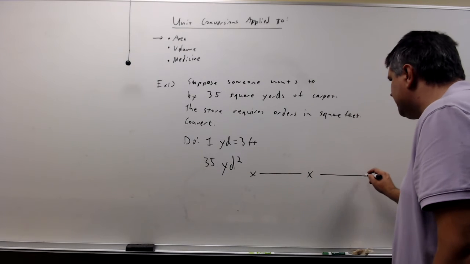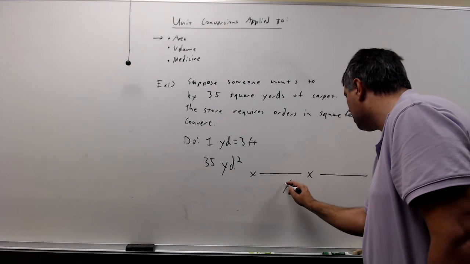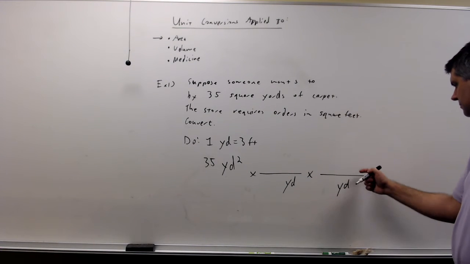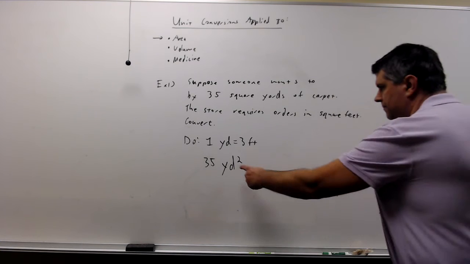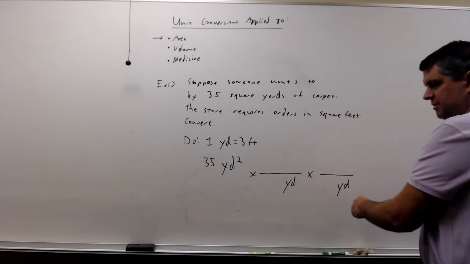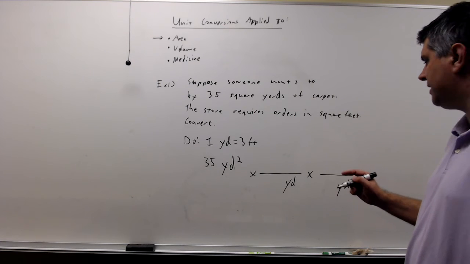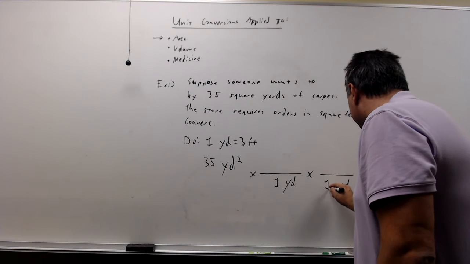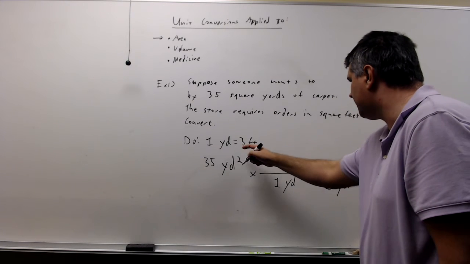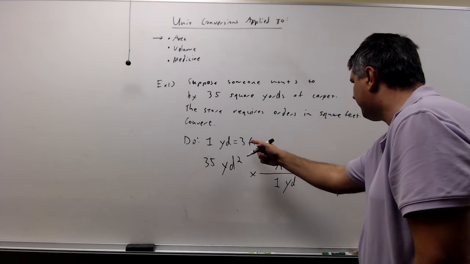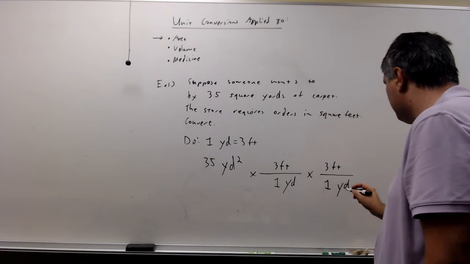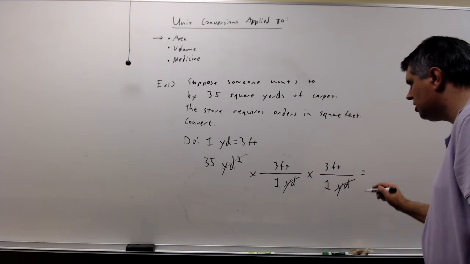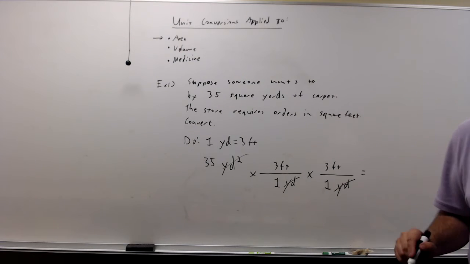So we actually need to do yards diagonal to it twice. There is 1 yard, so 1 will follow the yards everywhere we see it, and there's 3 feet to every 1 yard. So yards cancels that yard squared.